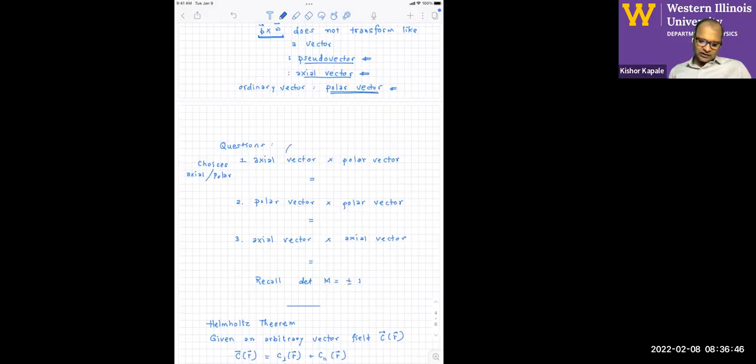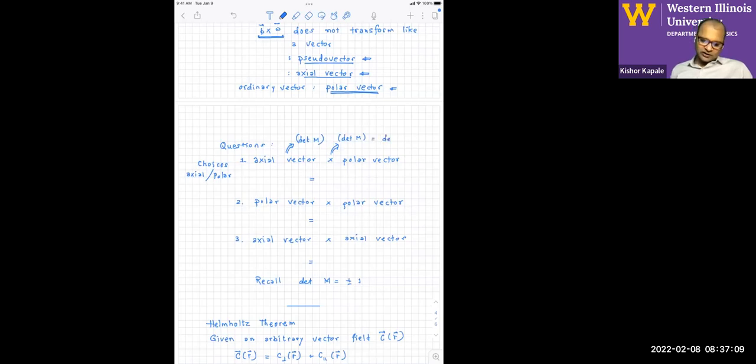When an axial vector transforms, the rest of the transformation stays the same, but I get an extra factor of the determinant of M. The cross product gives me another factor of determinant M, and a polar vector transforms just like itself, so it gives no factor of determinant.